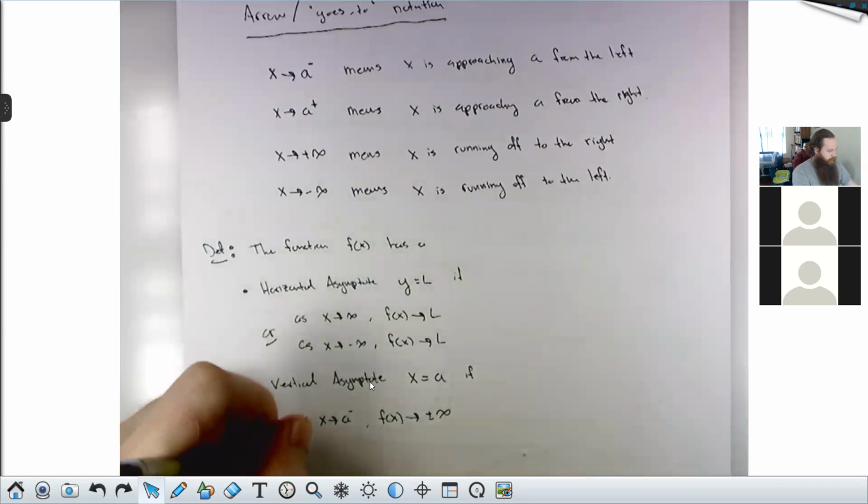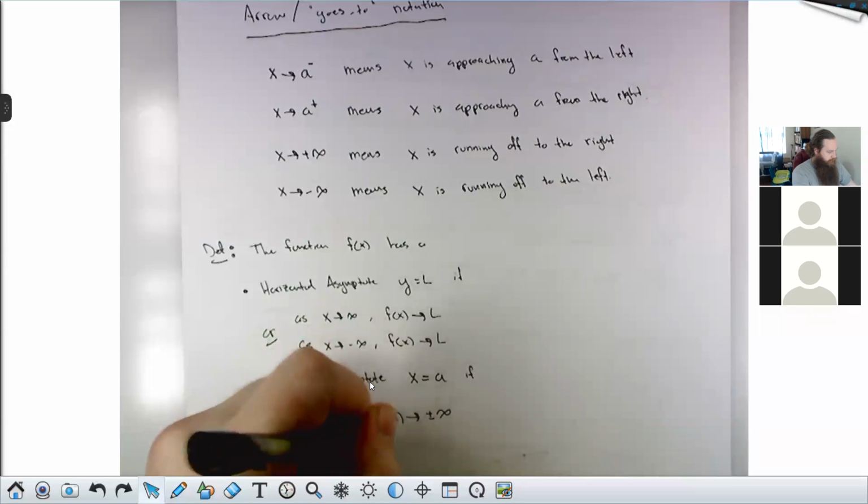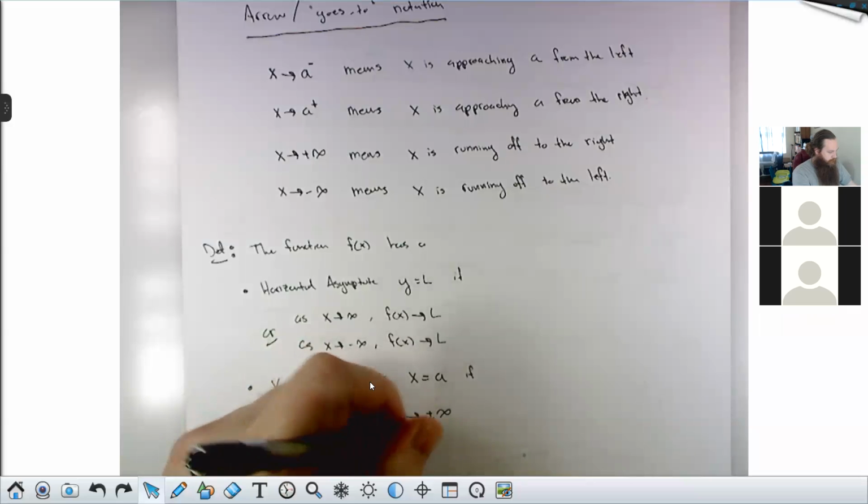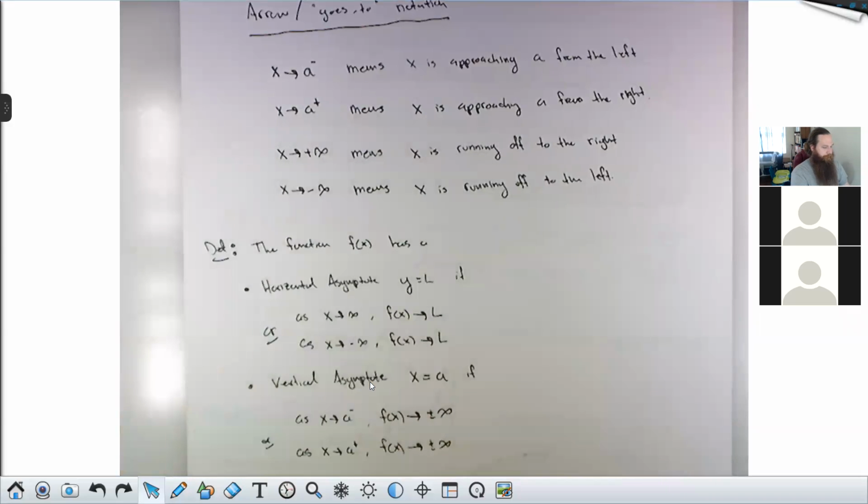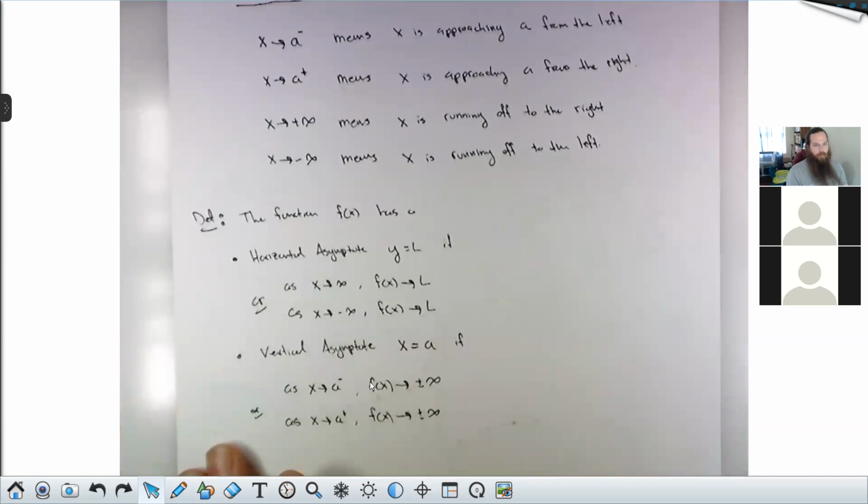Or as x approaches a from the right, f of x approaches one of plus or minus infinity. So a horizontal asymptote is a horizontal line onto which the graph settles as x moves far away from the origin. A vertical asymptote is a number where the graph of the function blows up to either plus infinity, minus infinity, or one on one side, the other on the other side, something like that.